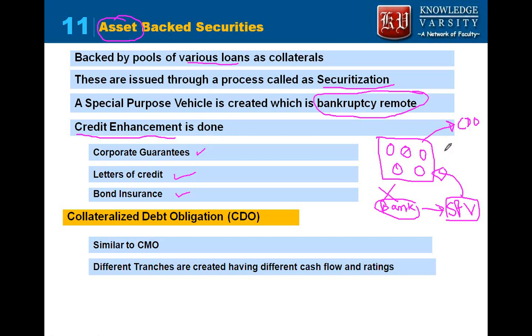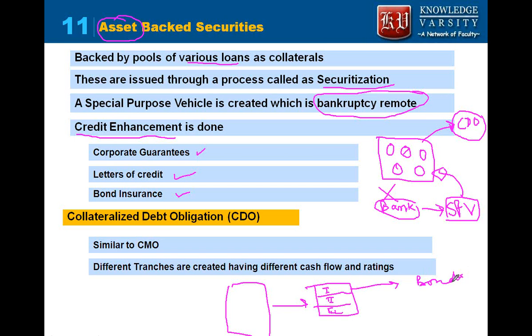Again, you can issue a plain vanilla pass-through security, but most of the time CDOs are created. So with CDOs, similar to CMO, out of this pool various tranches are created, so you have tranche 1, 2, 3, and these tranches will issue bonds to the investor.